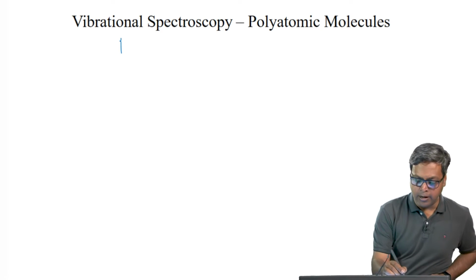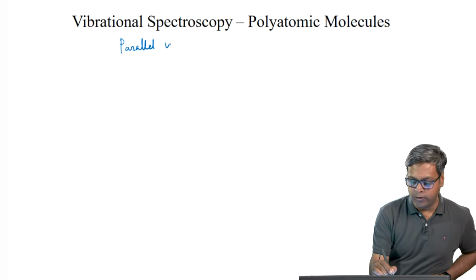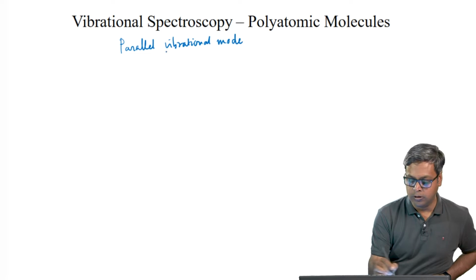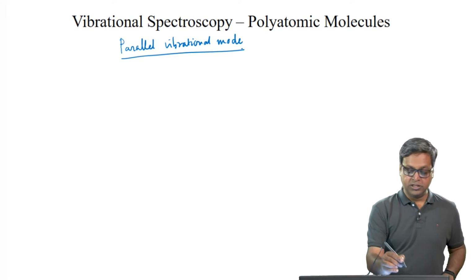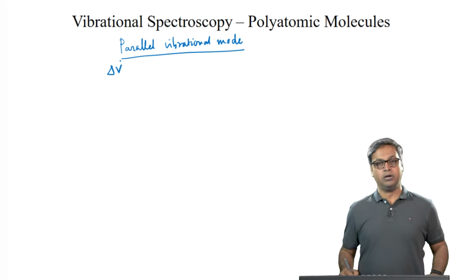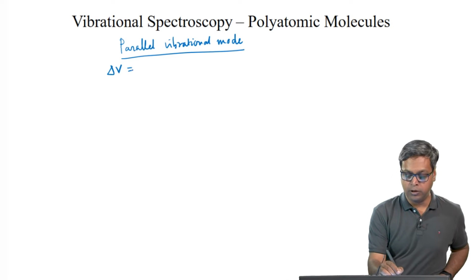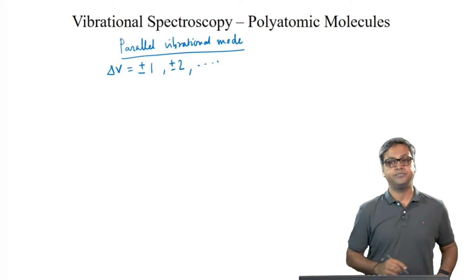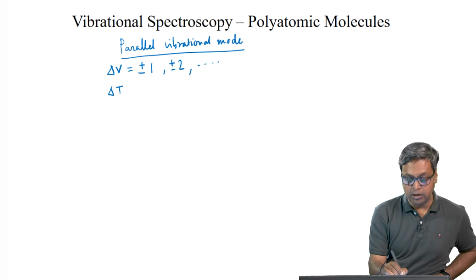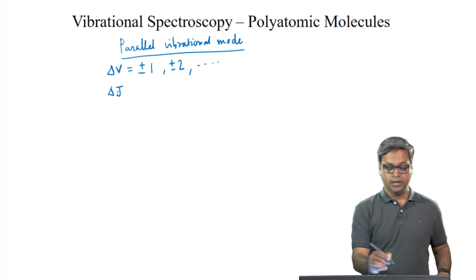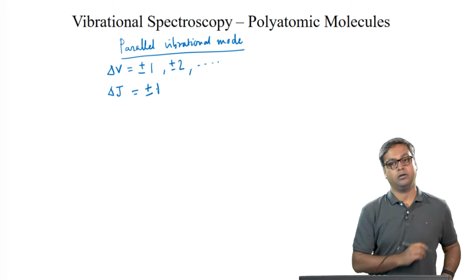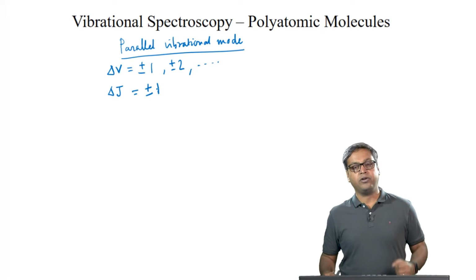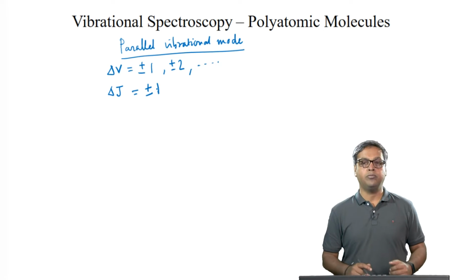For a parallel vibrational mode, the selection rules are the change in the vibrational quantum number, that is delta V equals plus minus 1, plus minus 2 and so on, and the change in the rotational quantum number, that is delta J, is given by plus minus 1.